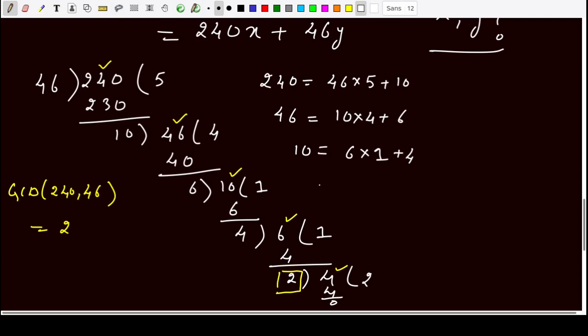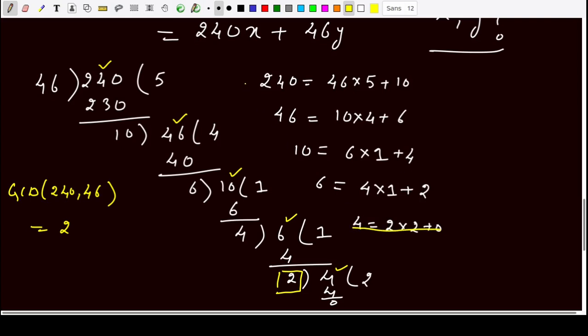Now 6 is 4 times 1 plus 2. Now 4 equals 2 into 2 plus 0, so we can strike out this equation. We don't actually need it.